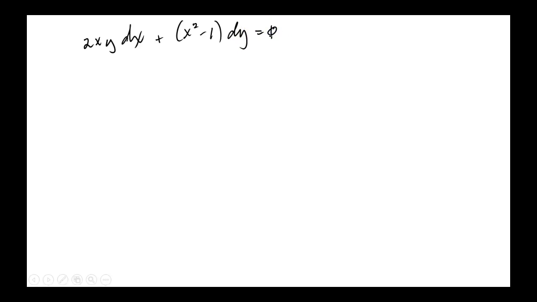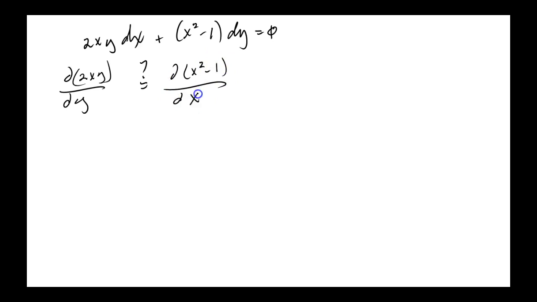Now we don't know for sure, but how can we tell if that's an exact differential or not? What's our test? The partial of 2xy with respect to y, and see if that's equal to the partial of x squared minus 1 with respect to x.